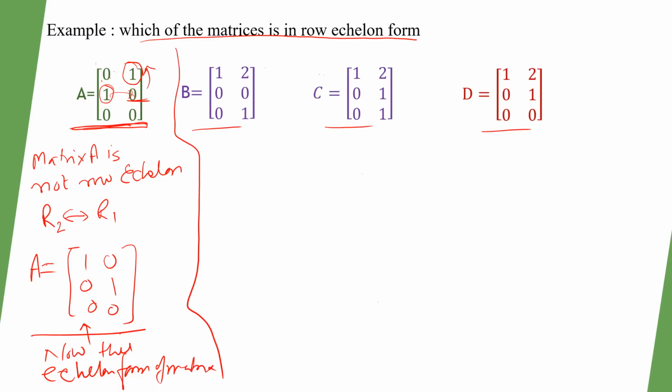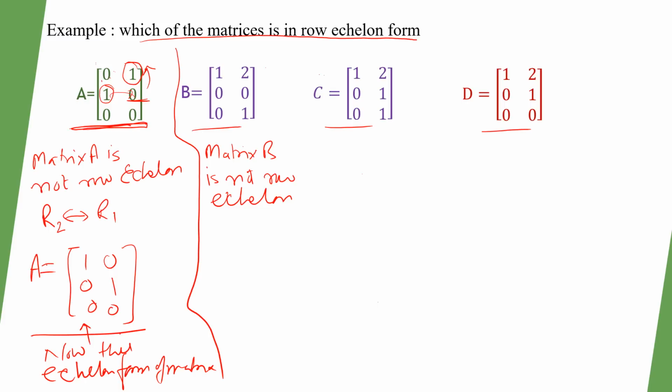Is this matrix a row echelon form or not? So again, matrix B is not row echelon. Why?